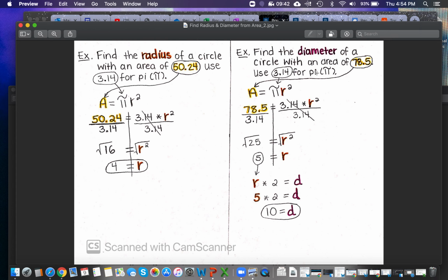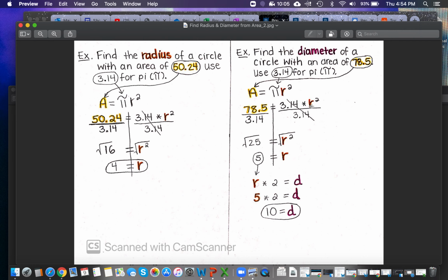So I'm going to plug my known information into my formula. I'm going to put 78.5 in for the area, and I'm going to use 3.14 for pi. So instead of area equals pi r squared, I'm going to have 78.5 equals 3.14 times the radius squared.